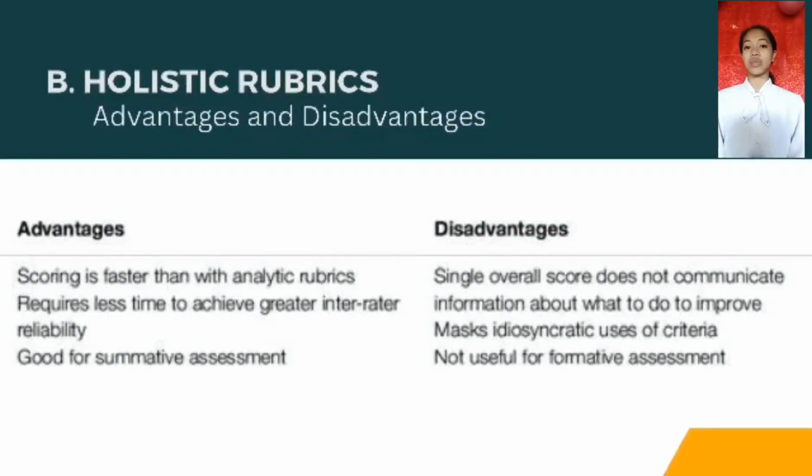That is why it is not easy for us to determine what to improve in the student's performance, because it does not provide specific feedback, unlike analytic rubrics. Number 2 is the idiosyncratic use of criteria. Number 3, not useful for formative assessment, because of the lack of specific details of criteria.